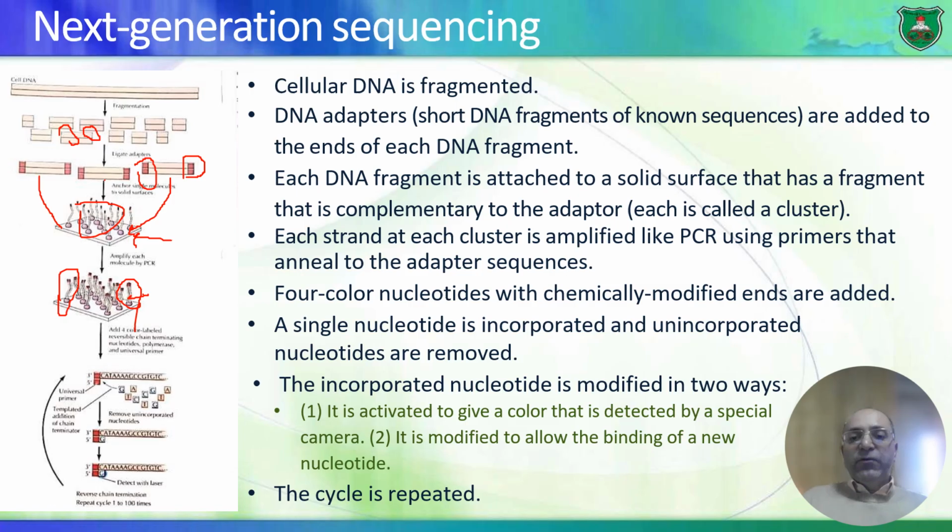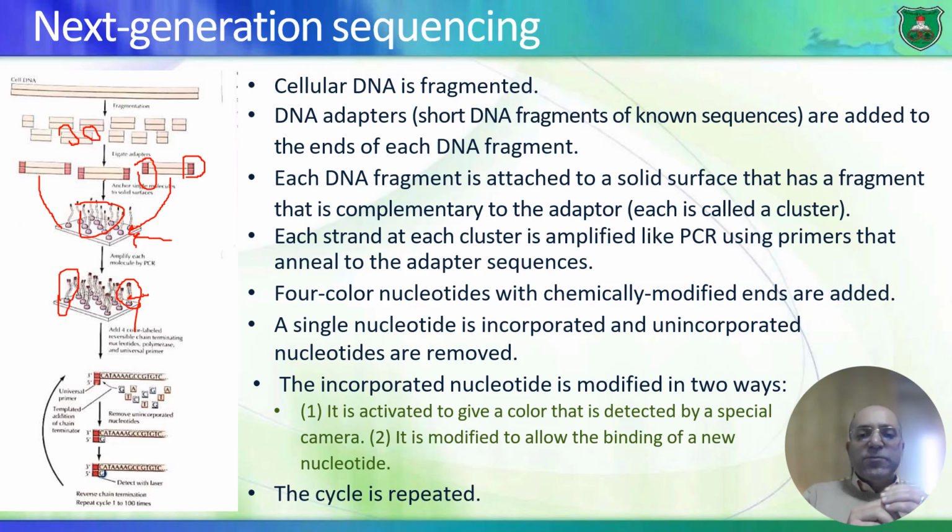So the DNA polymerase comes in, it adds a nucleotide. The nucleotide then is activated. It gives a signal, a fluorescence. And then it's modified so that the DNA polymerase can add another nucleotide. When it adds this nucleotide, it gives a signal.